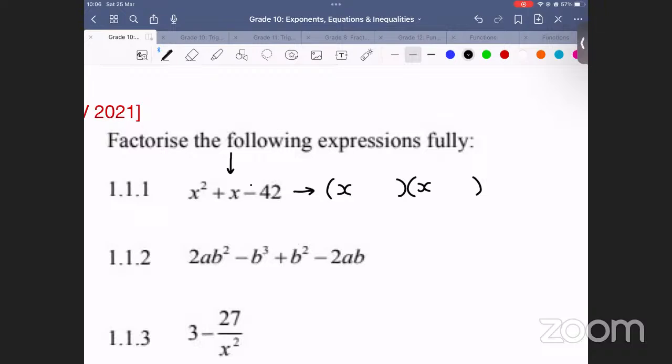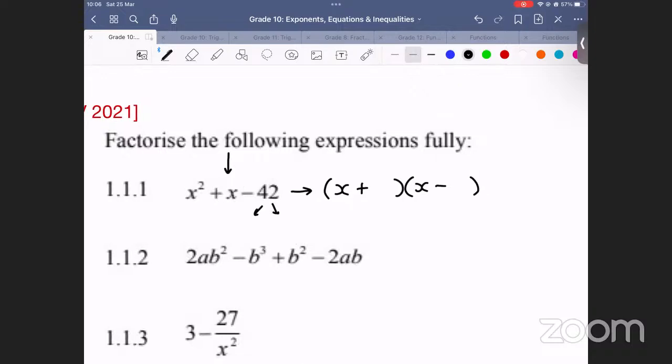Then my second sign determines the signs in my brackets: one is plus, one is minus. We've been through this. And then the last term determines the factors that need to add or subtract together to give me the middle term. So I'm going to do quickly 6 and 7, because 6 times 7 is 42. Then I can say 7 minus 6. So positive 7 needs to be the biggest one, because positive 7, negative 6 gives me positive 1x.